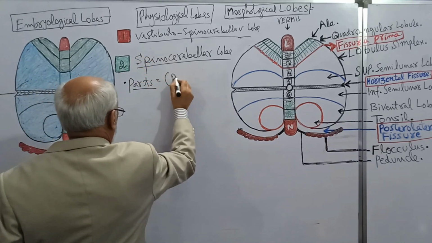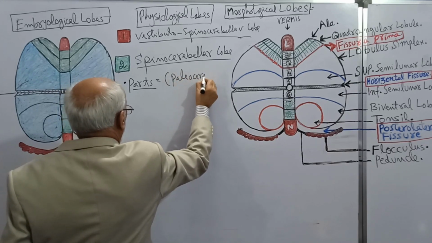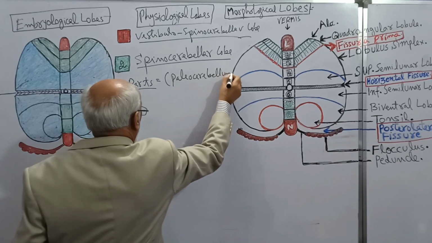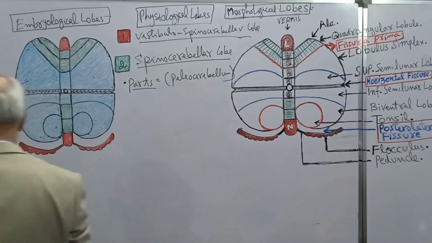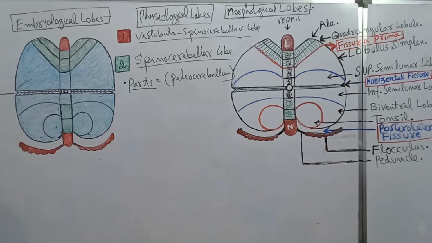That is parts of the paleocerebellum. The paleocerebellum comprises the ala, quadrangular lobule, central lobule, culmen, then on the inferior vermis the pyramid and uvula.